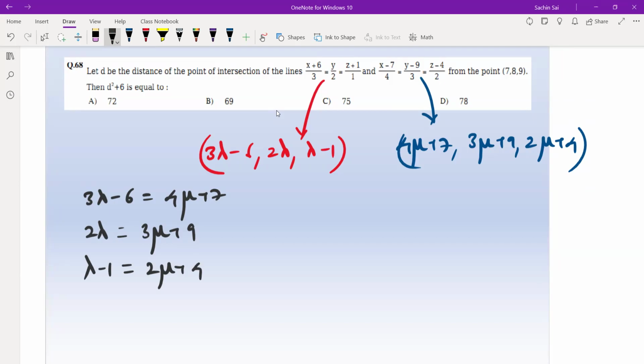So you can solve any two of these three equations to get the value of lambda or mu. But please remember that if you solve any two of these equations and that solution does not satisfy the third equation, it means that the lines don't intersect. Right? Here, if the lines intersect, whatever solution you get for any two of the equations will also automatically satisfy the third equation, right? So once you get either the value of lambda or the value of mu, you have the point of intersection.